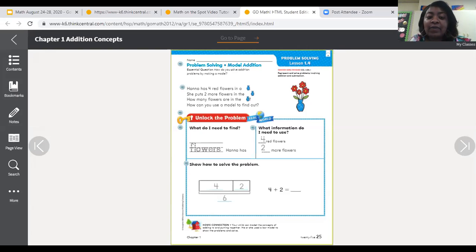So we need to place them in the appropriate spaces. So we have 4, and we're going to add 2 more. So 4 and 2 is equal to 6. 4 plus 2 equals 6. All right, make sure that you have traced these words and numbers, and let's move on to page 26.